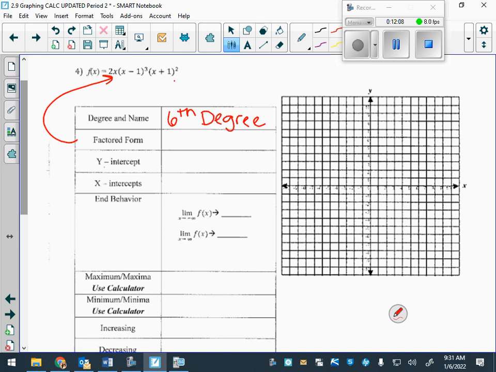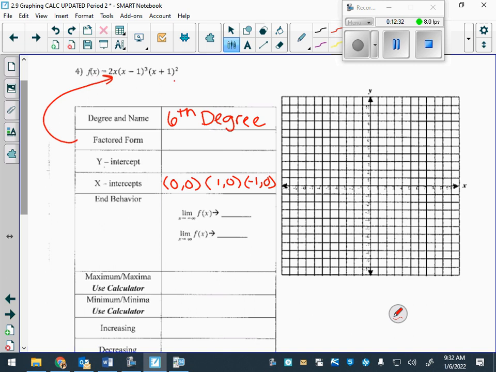Before we get to the y-intercept, what are the x-intercepts? Charlie? Okay. Keep going. 1. Yep. Good.